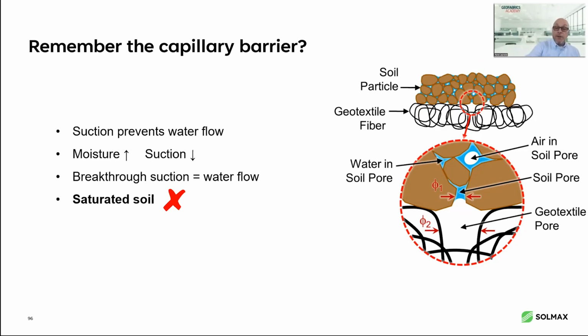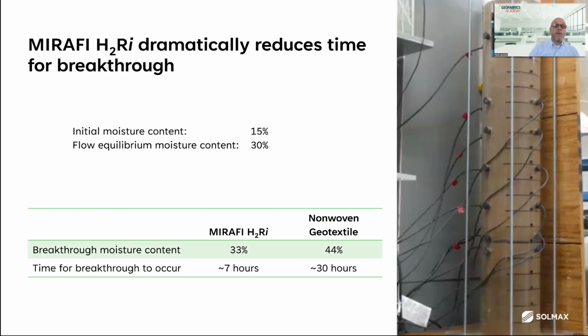But bear with me, apologies. Doing the same experiment with the ELDG, what we found was that this time was accelerated by a factor of 4. So instead of backing up for 30 hours and having over 40% moisture content, it only backed up for about 7 hours, and the moisture content was only about 33%.